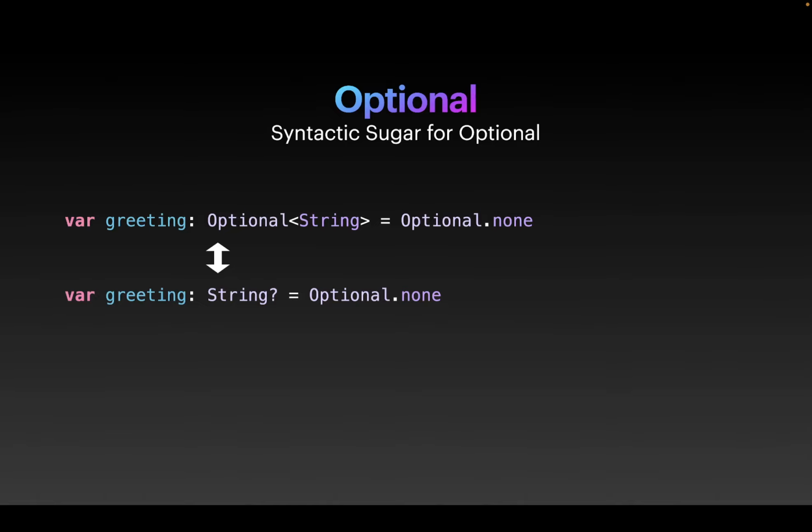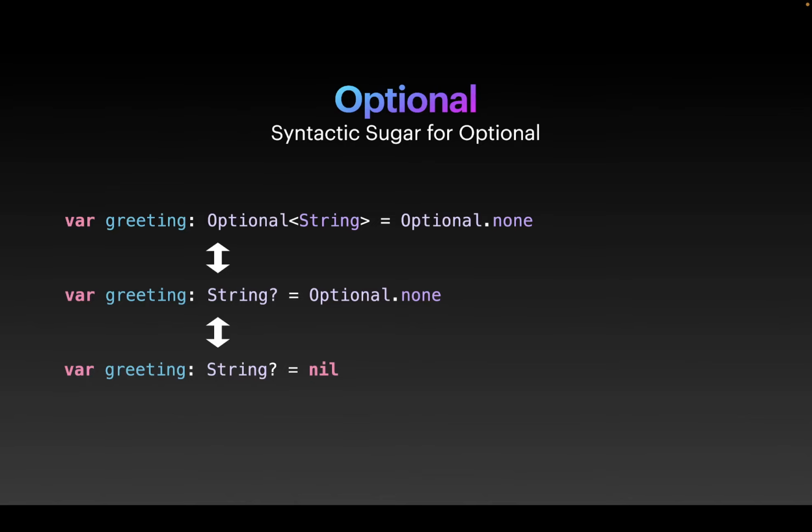Now take a look at the right-hand side. We say Optional.none. Well, that's actually nil. So you have been using nil, I believe, right? In your assignment, maybe. Actually, I showed that before. When you apply some height in the frame, you can say nil, which means I give you the freedom to infer the height for me.